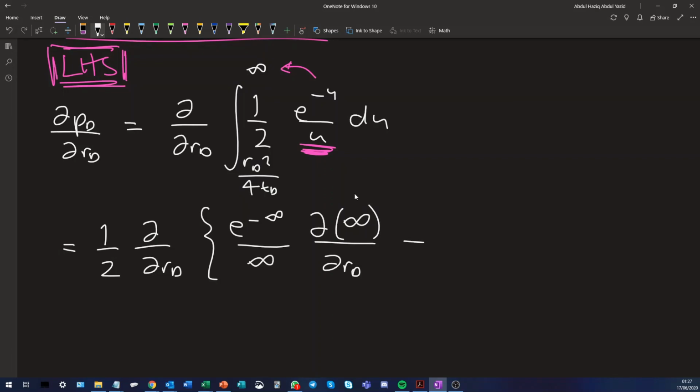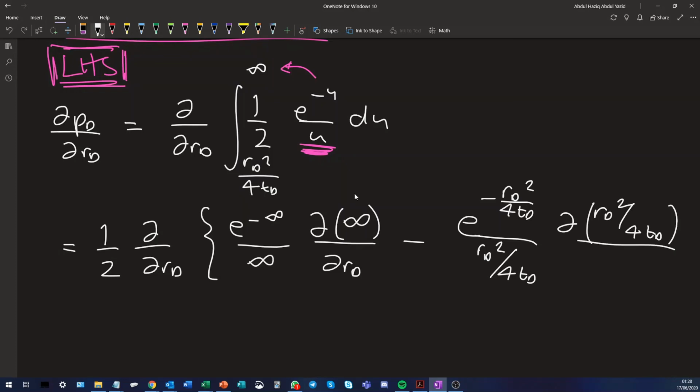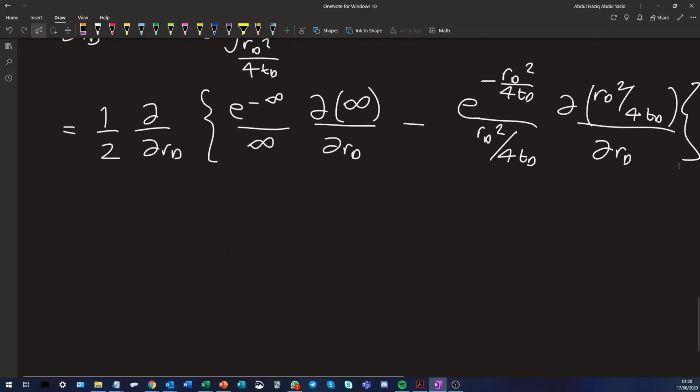And this is going to be subtracted by e to the negative r sub d squared over 4t sub d over r sub d squared over 4t sub d multiplied by dou r sub d squared over 4t sub d over dou r sub d. Okay, so this is the fundamental theorem of calculus. And now, how can we simplify this?